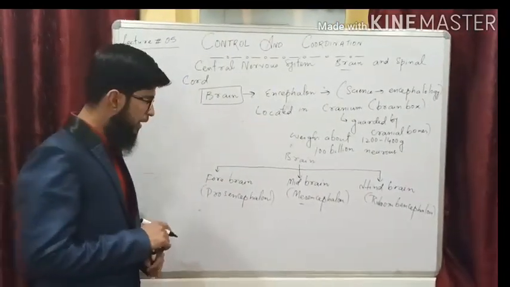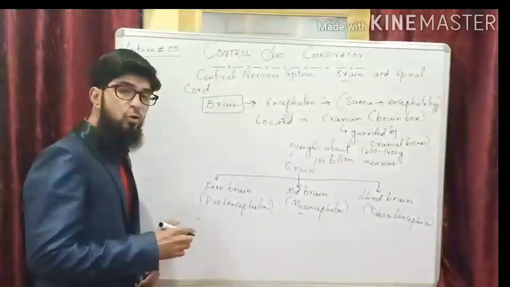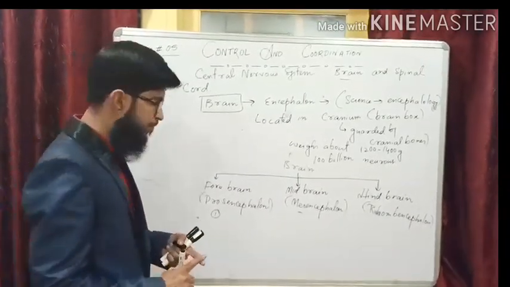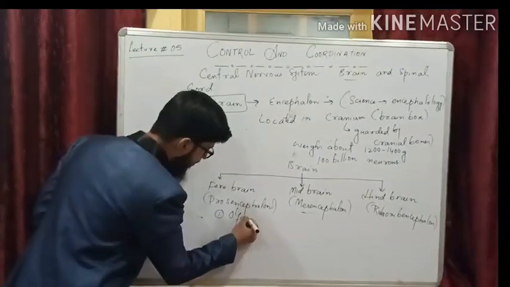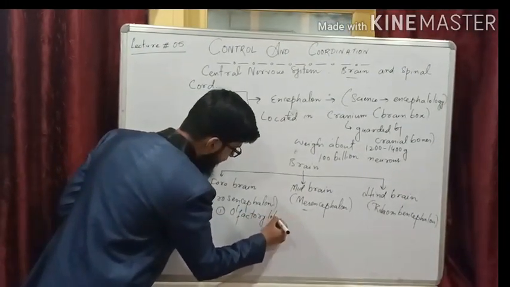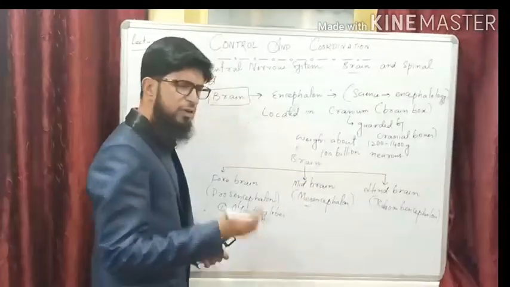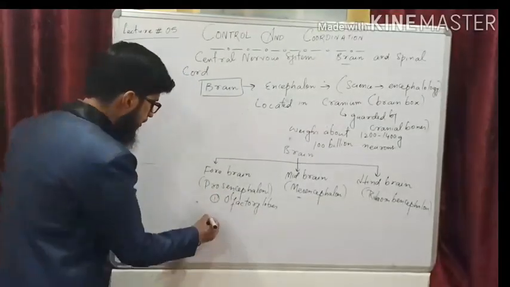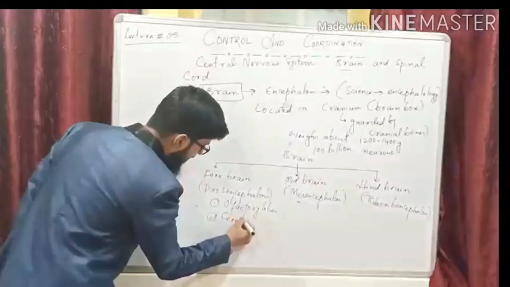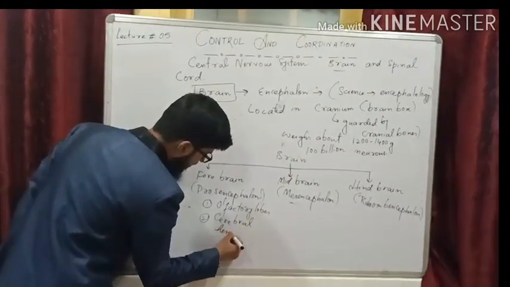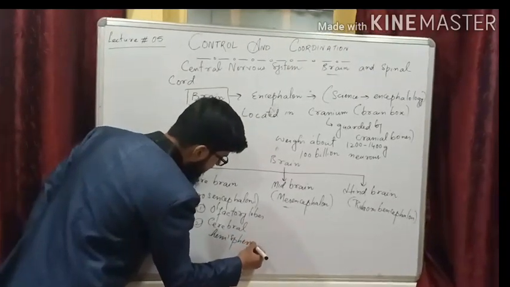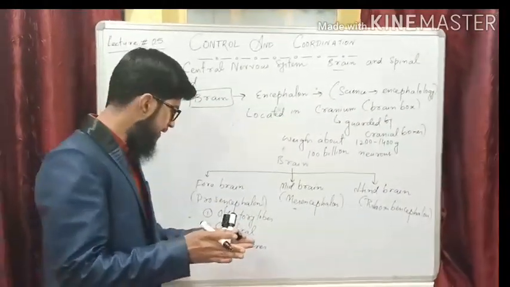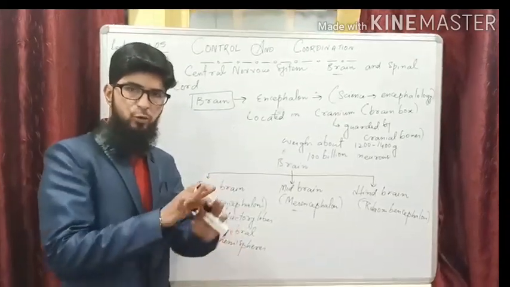The prosencephalon or forebrain is the major part of the brain, and it encloses three main parts. One is the olfactory lobes, which are two in number. We will talk about that later when we discuss the forebrain in particular. The second is the cerebral hemispheres, the cerebrum, which is divided into two main parts.